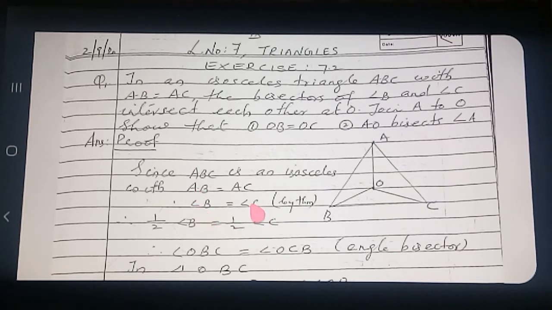The opposite angles are also equal. If two sides are equal, then their opposite angles are also equal. Which are the opposite angles? Angle B and angle C. So angle B and angle C are equal. I wrote in the bracket, by theorem. So what is the reason? Writing by theorem is enough.